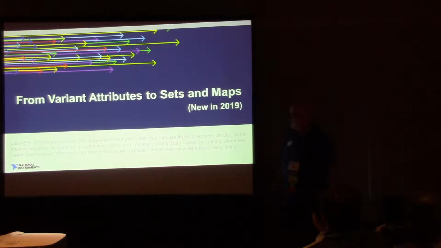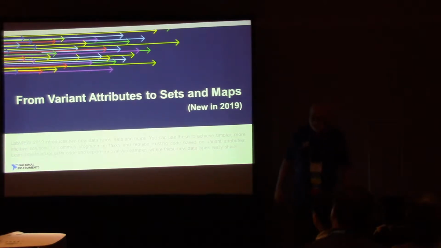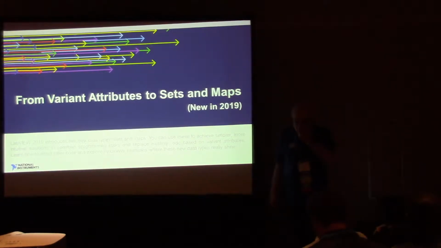So the talk is about, the title is Invariant Attributes to Sets and Maps. And for those who heard Darren just now, there's a brand new first-class data type in LabVIEW. There are two different ones, a set and a map data type.